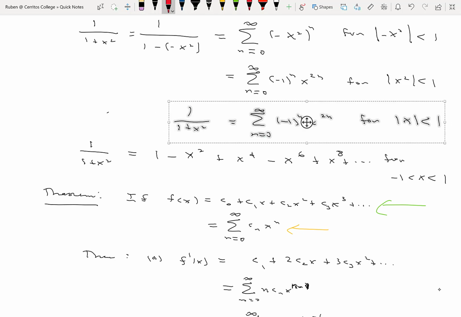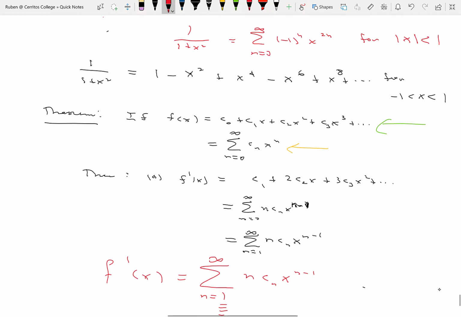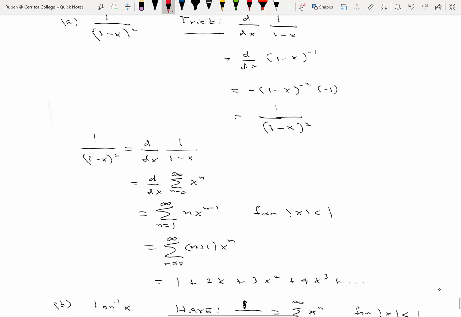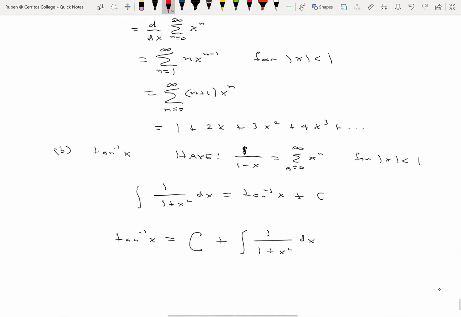We have a power series representation for 1 over 1 plus x squared, and we used our standard 1 over 1 minus x function to get it. So I'm going to use that series for 1 over 1 plus x squared, which is the sum, n goes from 0 to infinity, negative 1 to the n, x to the 2n.